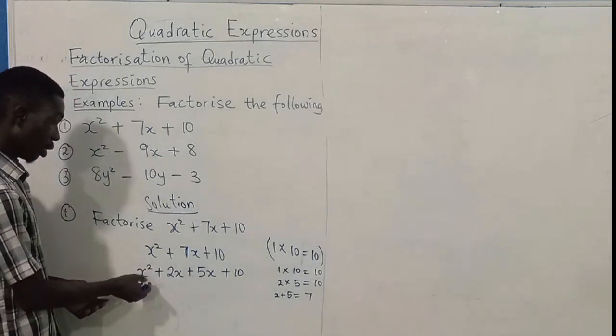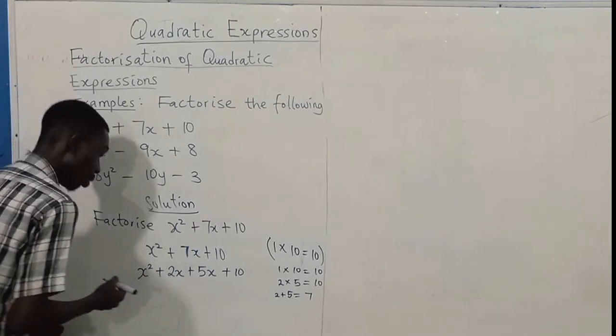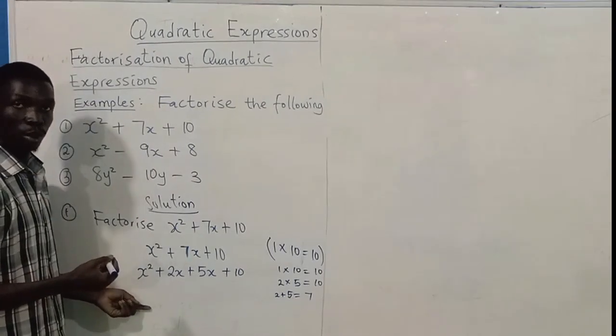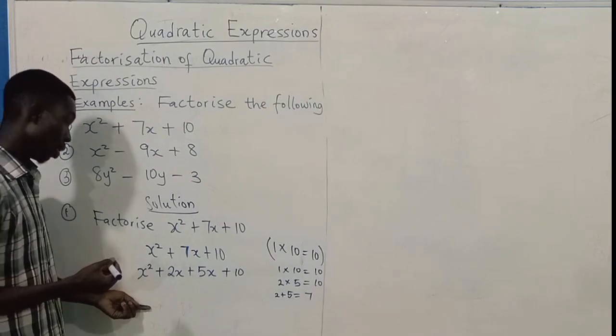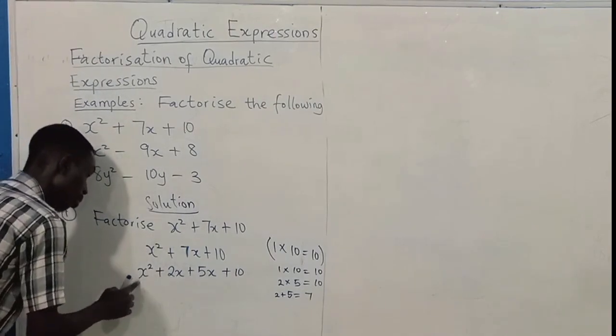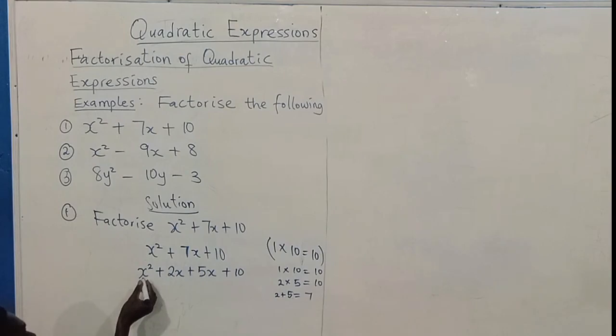Okay? So we take these two as a group. We've dealt with that subject while we're doing factorization as a topic. So we take the HCF of x squared and 2x, that is x.